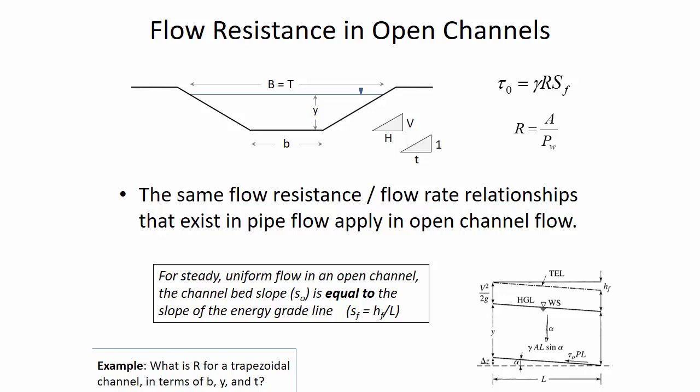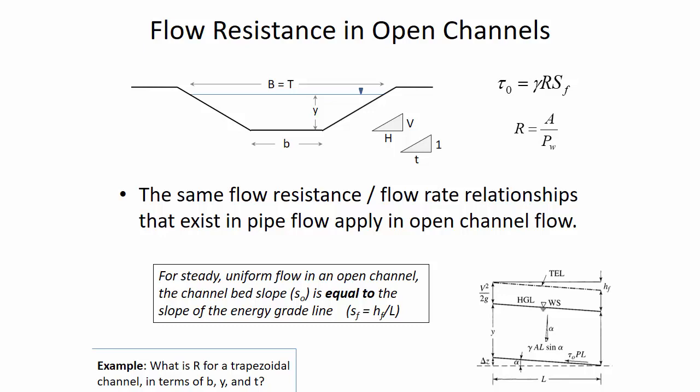So if it's a 1-to-1 side slope, then it would be 1 times y. So this side triangle would be 1/2 of y squared, and this would be the other half of y squared. You put those two triangles together, and it would be like a square having an area of y squared. So that's the cross-sectional area.